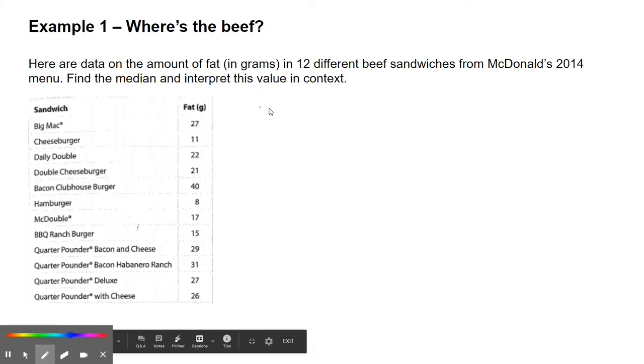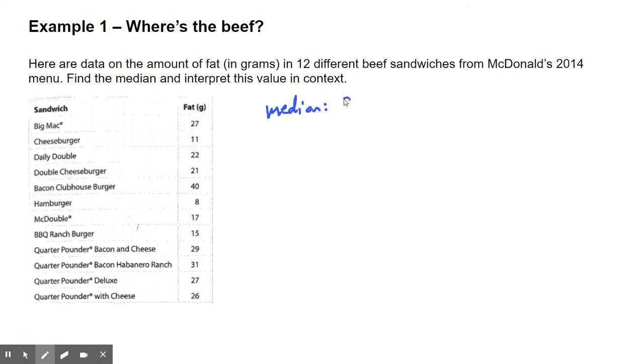So if I go back to my notes and I present this, we have a median value of 24, and that'd be grams. So what does that mean? How would I interpret that?